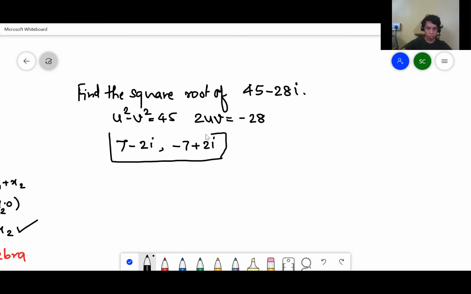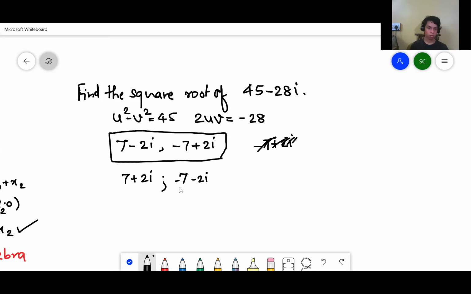Now there will be a couple of more options like minus 7 plus 2i. Oh, sorry, 7 plus 2i and minus 7 minus 2i.